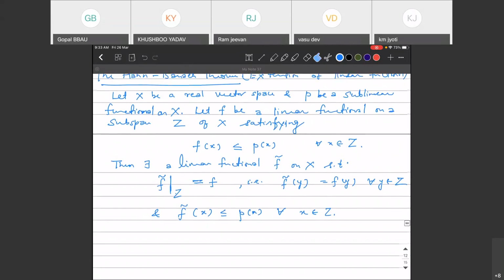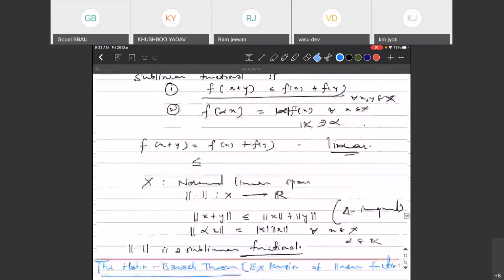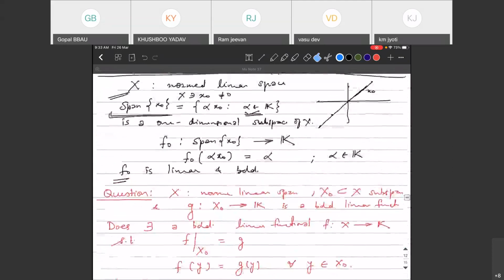Okay. Let's move ahead. So let's see how this theorem answers our question.